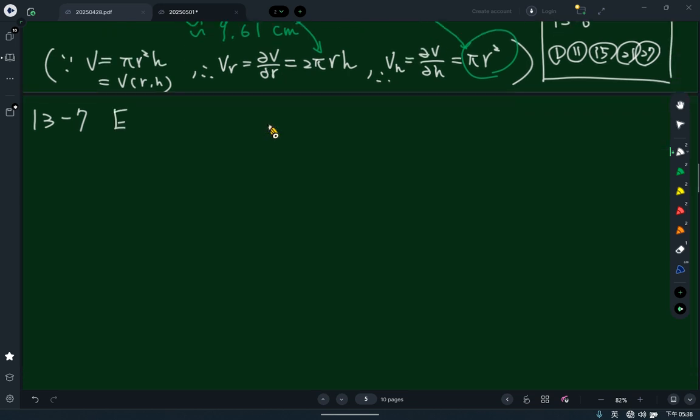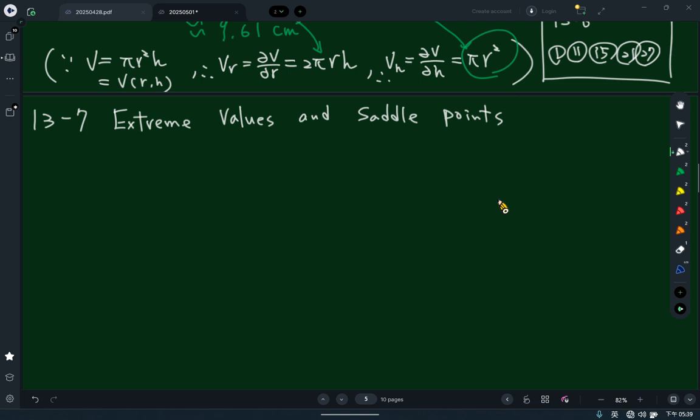Extreme values and saddle points. This session we will talk about extreme values and saddle points. So I believe you can just understand what extreme value is, right? Because when we just learn differentiation, we already know.